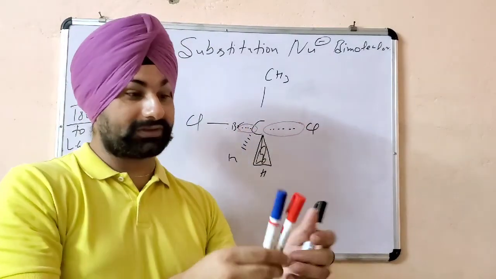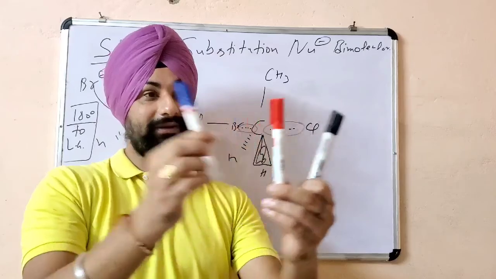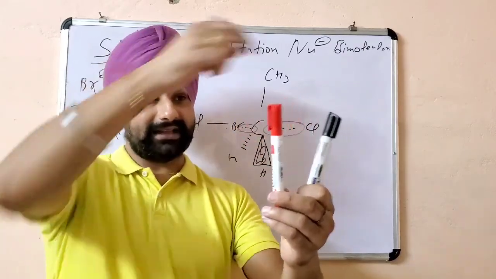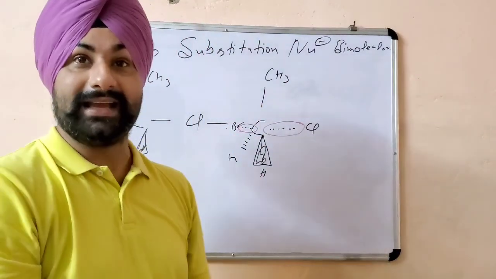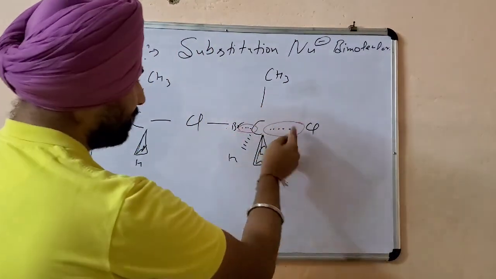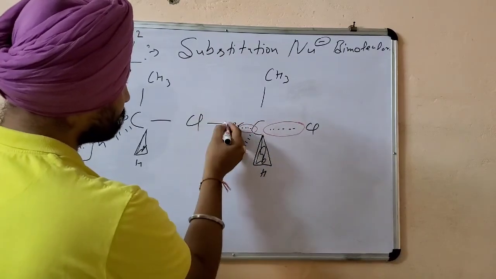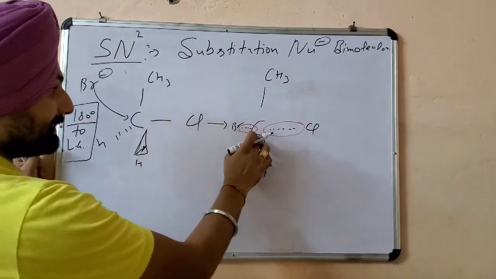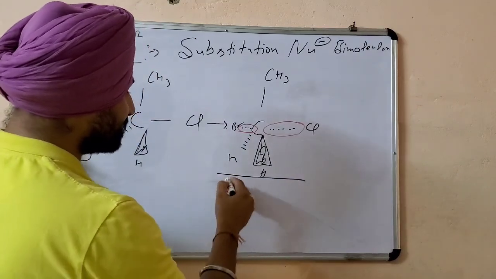Suppose this is the central carbon, this is the leaving group, and this is the incoming nucleophile. The leaving group leaves, and at the same time the incoming nucleophile forms the bond. It is a simultaneous process: at the same time one bond is breaking and another bond is forming.